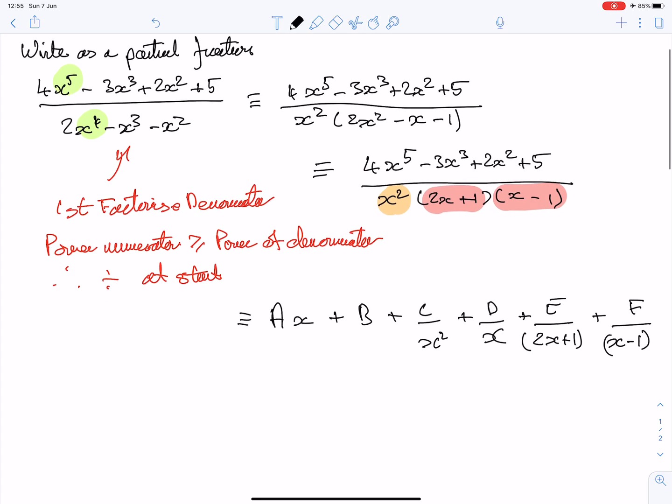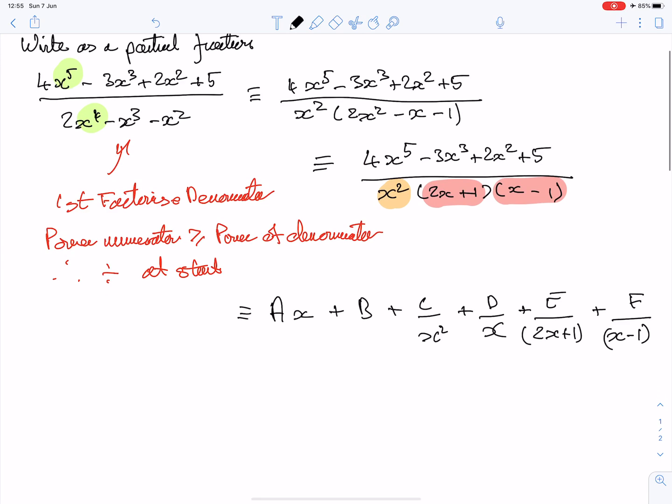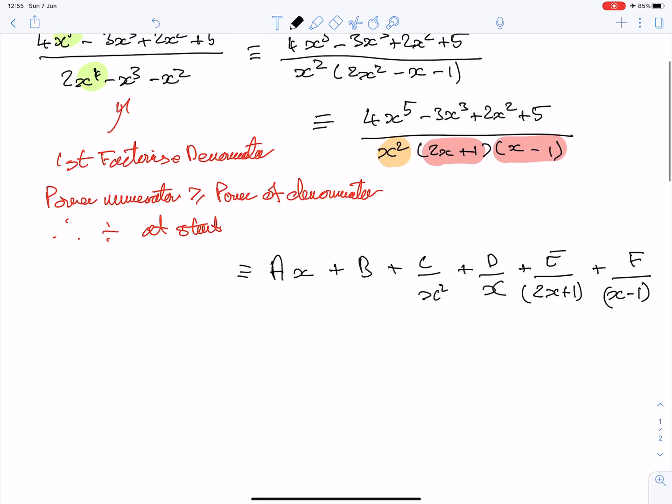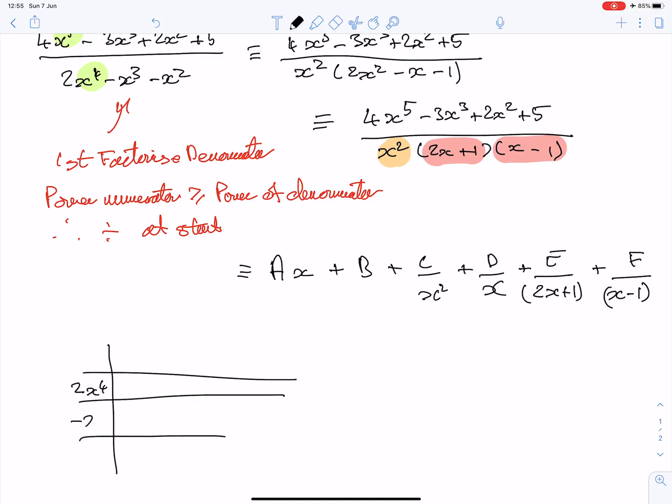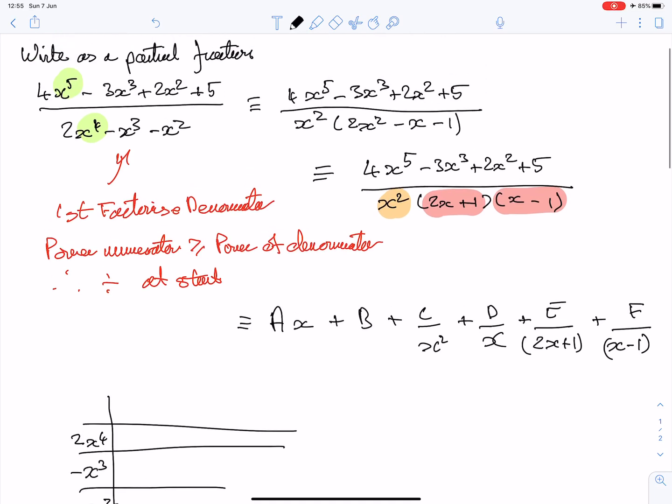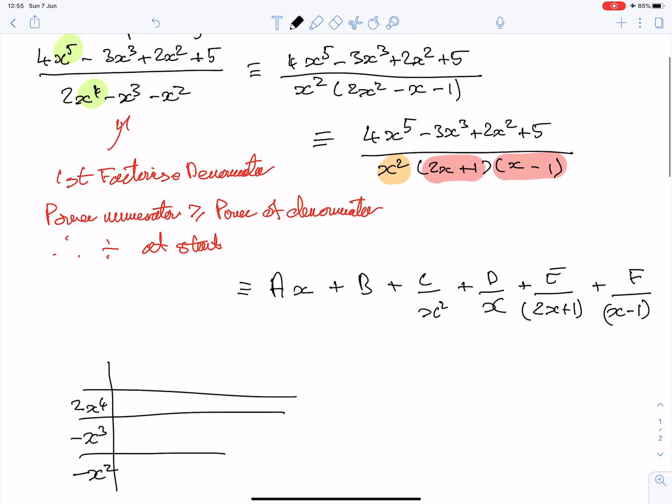Okay, so first thing to do is a division. So we're dividing by a quartic. So we're going to need over here 2x to the 4 minus x cubed minus x squared. So that's what we're dividing by.